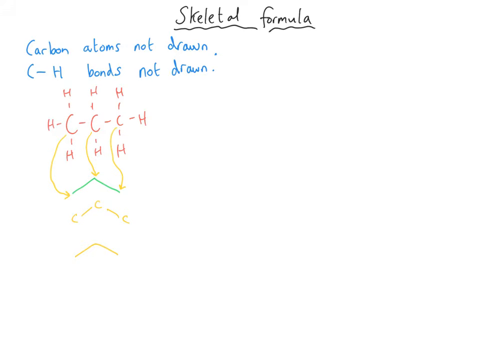And so not only are we being really lazy and not drawing the carbon atoms, we're not showing those 3 hydrogen atoms that are left over as well. What we do is we assume that each carbon has 4 bonds, and we're just not showing those carbon to hydrogen bonds.